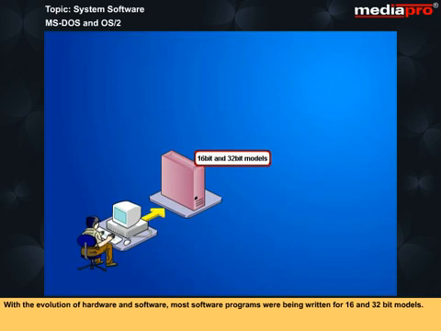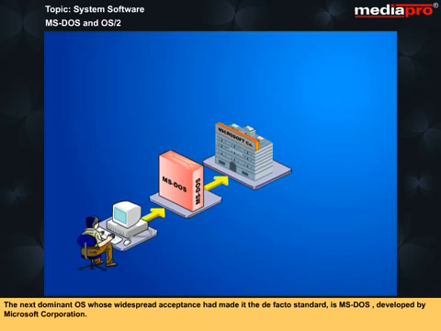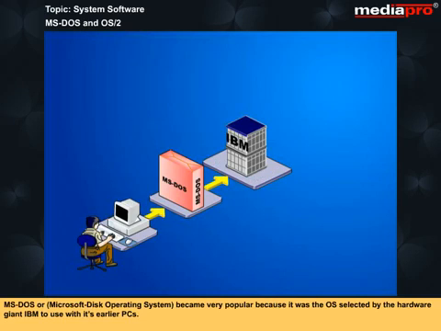With the evolution of hardware and software, most software programs were being written for 16 and 32-bit models. The next dominant operating system whose widespread acceptance had made it the de facto standard is MS-DOS, developed by Microsoft Corporation. MS-DOS, or Microsoft Disk Operating System, became very popular because it was the OS selected by the hardware giant IBM to use with its earlier PCs.